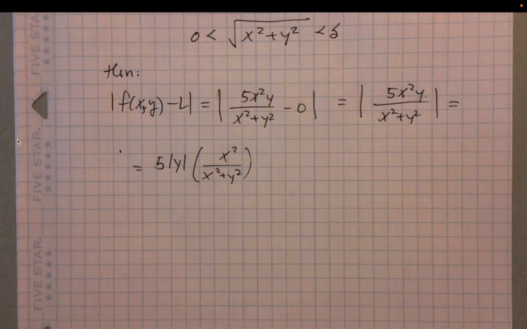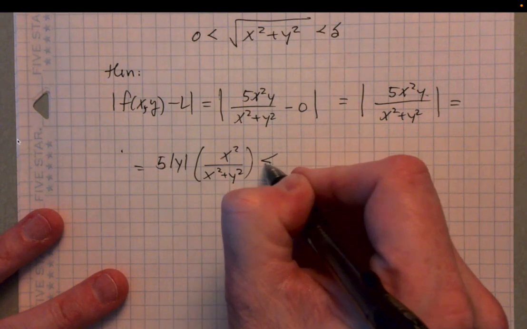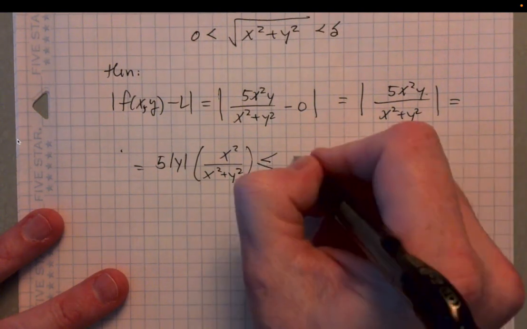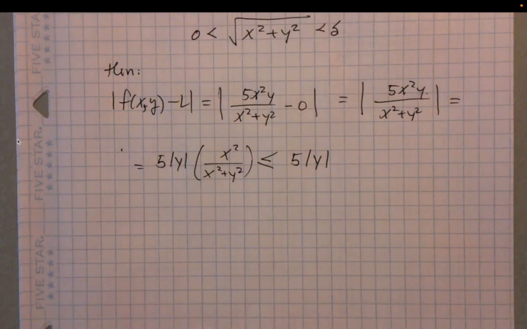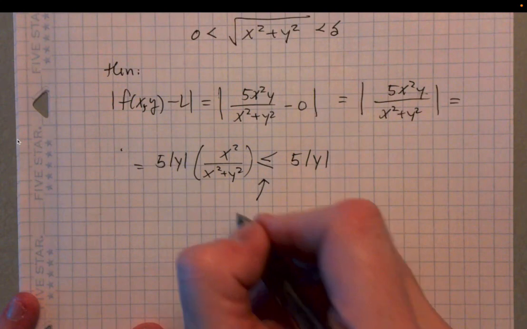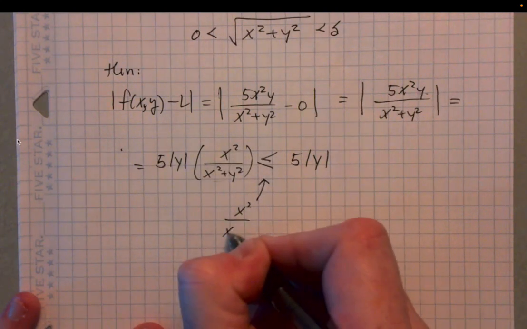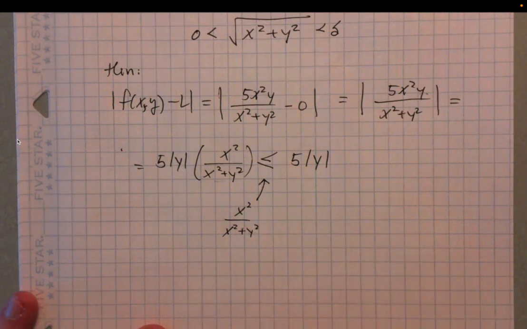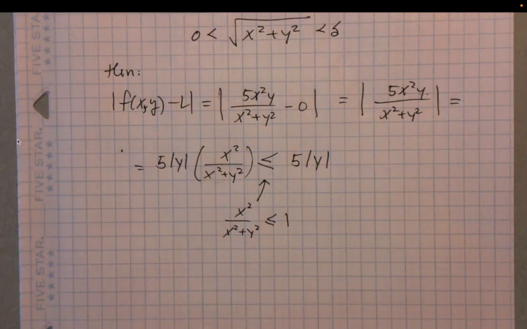Now, here's one move that is a little bit tricky. This quantity here is less than or equal to 5 times the absolute value of y. Why is that? Well, this piece, x squared over x squared plus y squared, is definitely going to be less than or equal to 1.